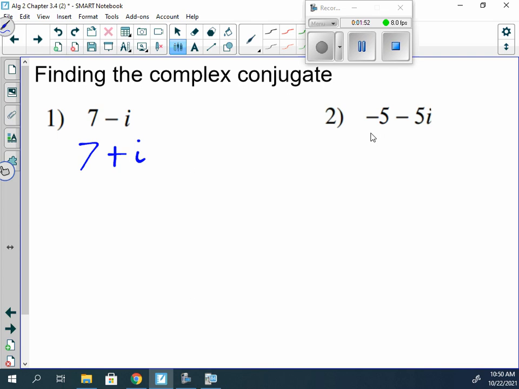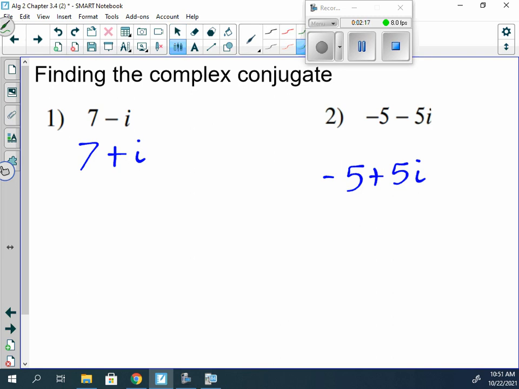So let's look at the next one. Negative 5 minus 5i's complex conjugate would be? And that's it. Questions on this so far?